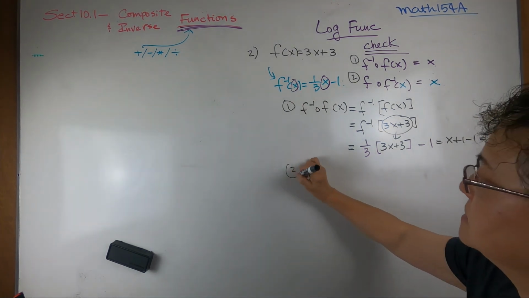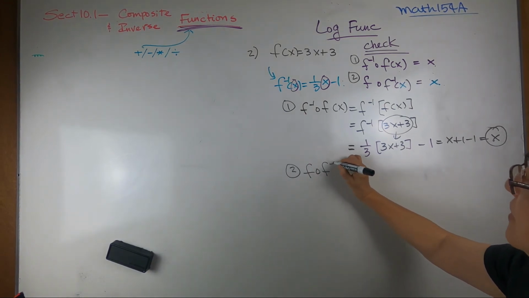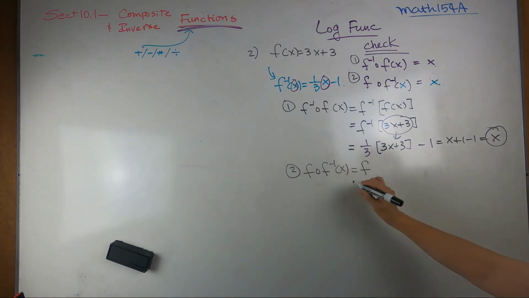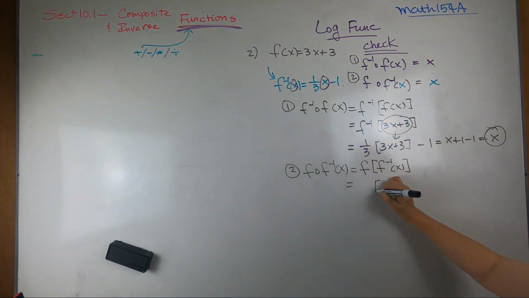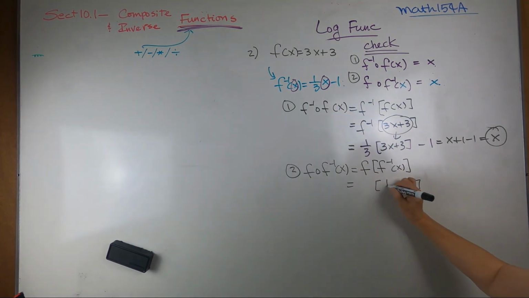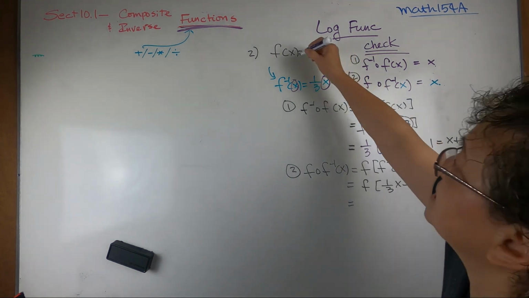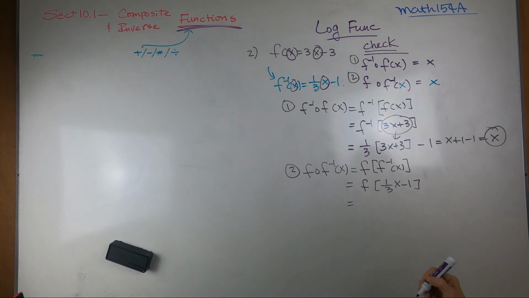Okay, then see if we can check F of F inverse of X. It means composite function. Then you do F inverse of X first. F inverse is what? Is this guy, right? 1/3 X minus 1. Then you do F. Then F is saying, whatever you give to me, I will multiply by 3 and plus 3, right?